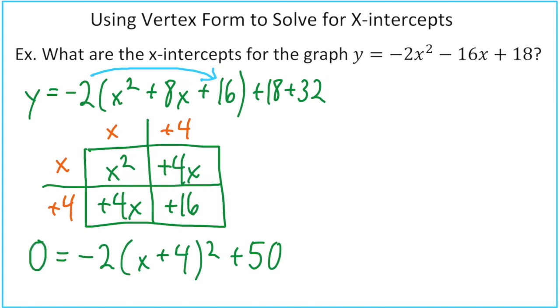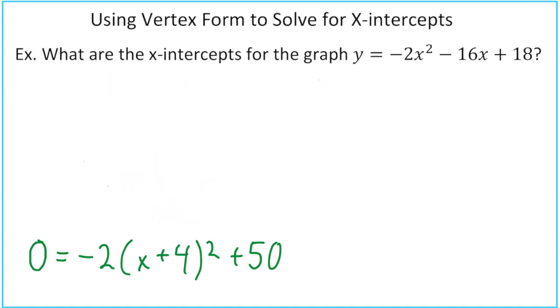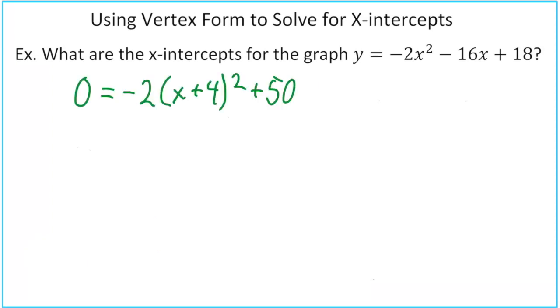Let's clear up some space so that we can take a closer look at how we're going to actually solve for x-intercepts from vertex form. One way to go about solving this is to think about how we can isolate that x plus 4 squared. Think about it as if it was just a two-step equation where the x plus 4 squared is replaced by n.